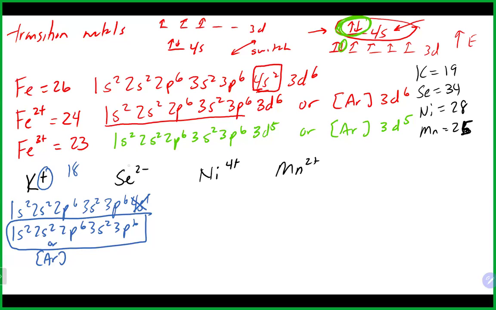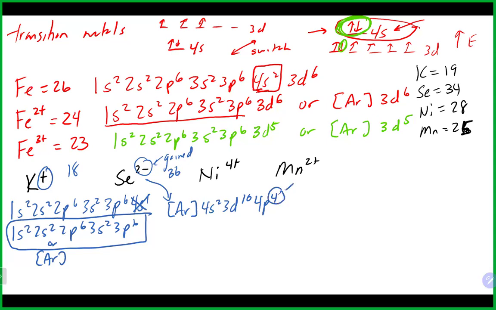We take a look at selenium, which is 34. In this case, that would be argon if we went to 18, then 4s2, a 3d10, and a 4p4 in this particular case. And -2 means that it has gained 2 electrons, which means it should end up at 36.